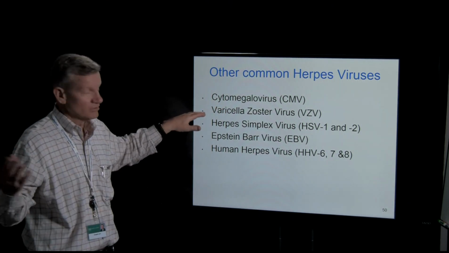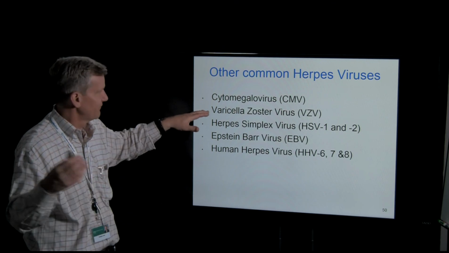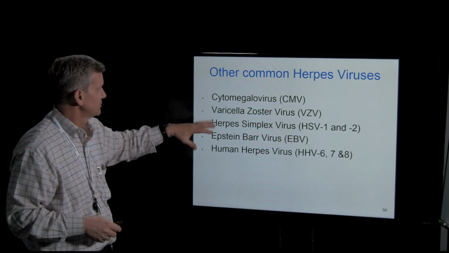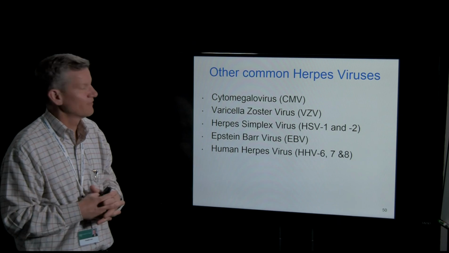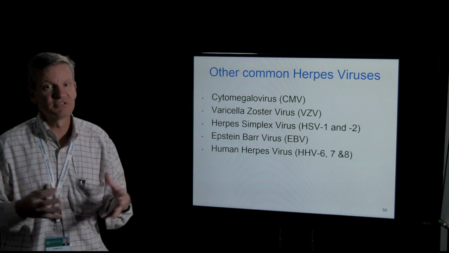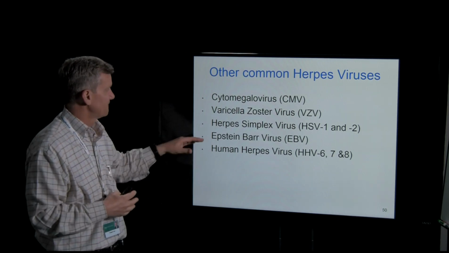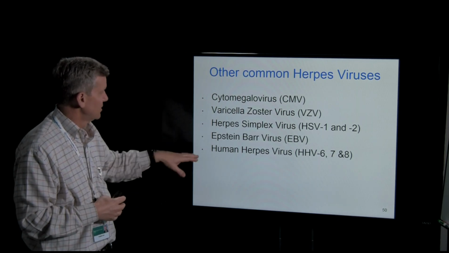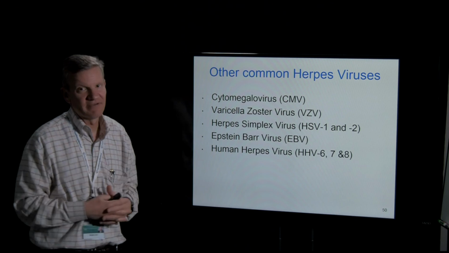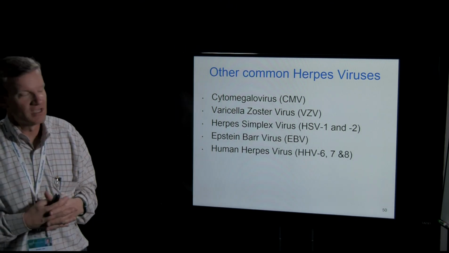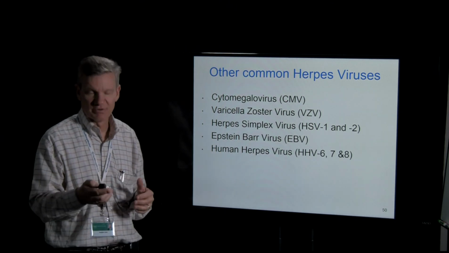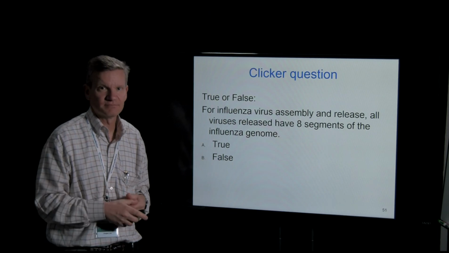So if you heard about shingles, there's a vaccine for shingles. HSV1 and 2 we just talked about. Epstein-Barr virus, remember this causes infectious mononucleosis. So maybe some of you have already had this. It infects B cells. And HHV 6, 7, and 8 are problems in HIV patients and in some Mediterranean populations.